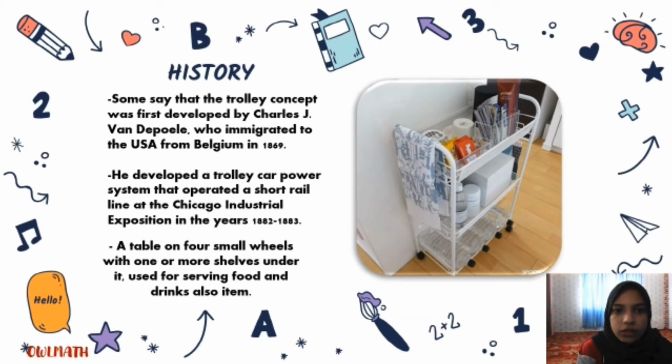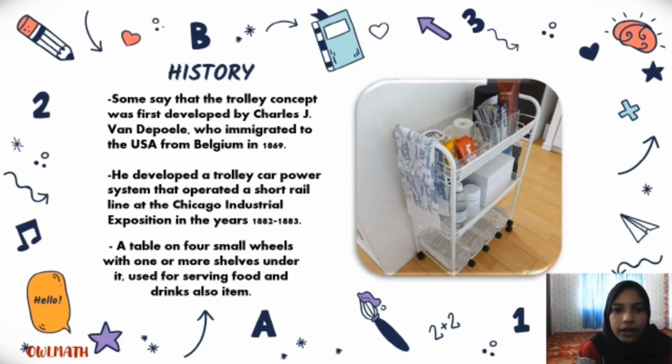He developed a trolley car power system that operated a short rail line at the Chicago Industrial Exposition in the years 1882 until 1883. This shelf or trolley is a table on 4 small wheels with 1 or more shelves under it, used for serving food.